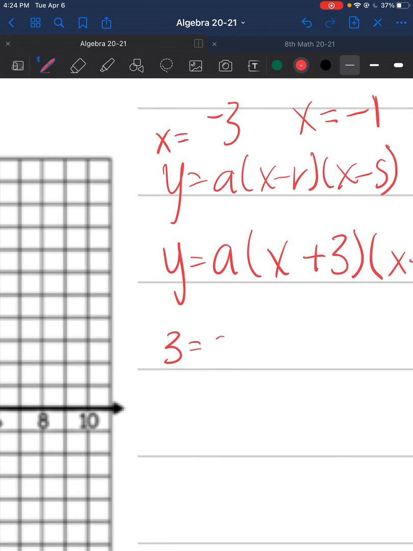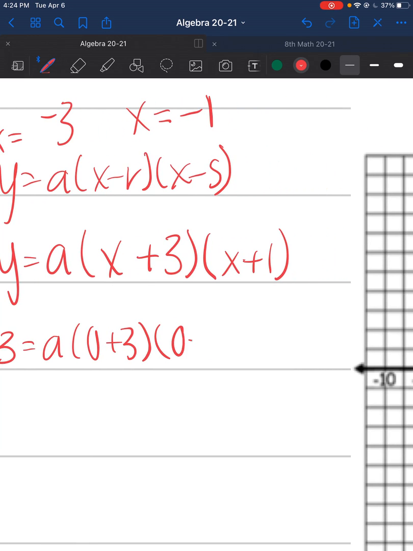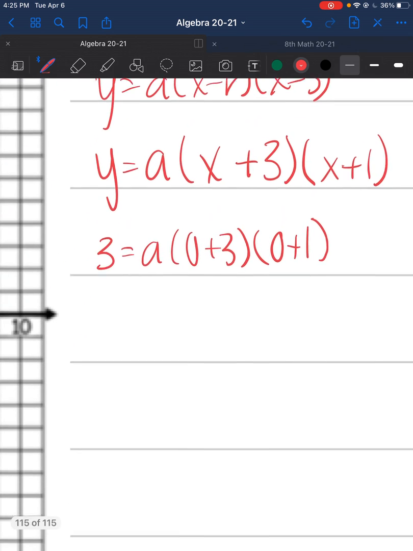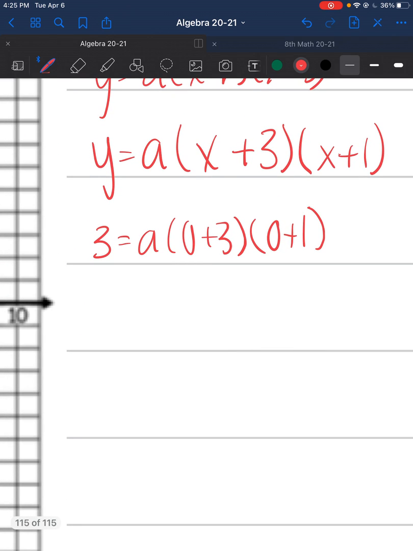So 3 equals a times 0 plus 3 times 0 plus 1. Now we're going to simplify. We do what's inside the parentheses first: 0 plus 3 is 3, and 0 plus 1 is 1.